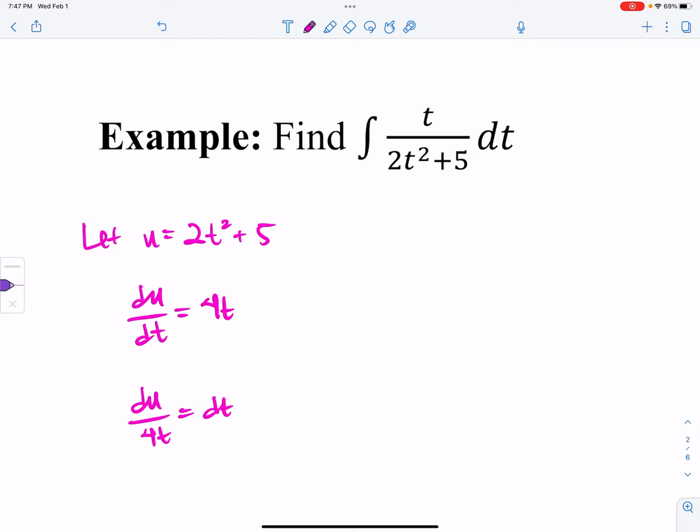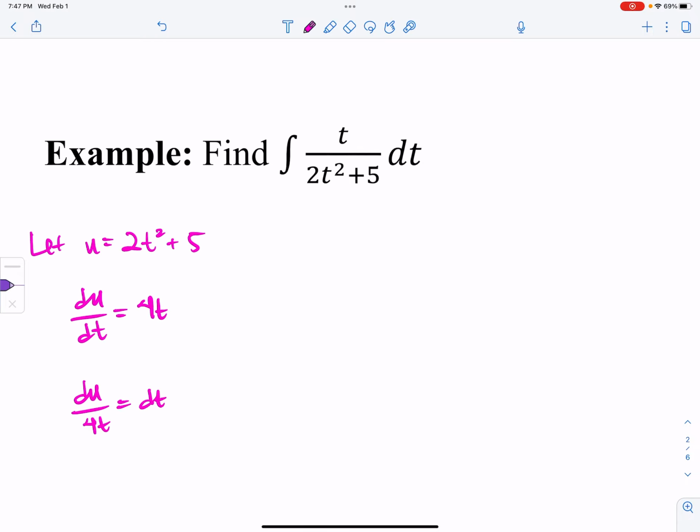You could also recognize what t dt would be equal to, which would be du over 4. It's just one less step to do. So we'll have the integral of t, the way that I have it written right now, t over u, and then du over 4t.